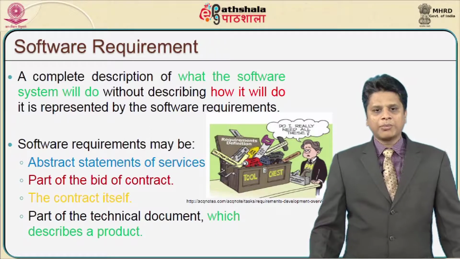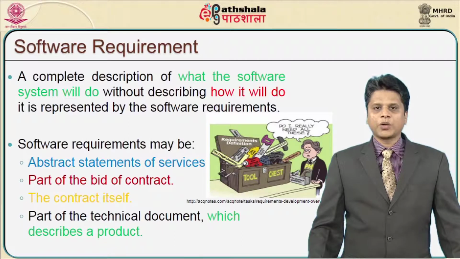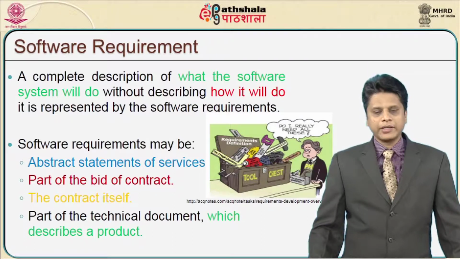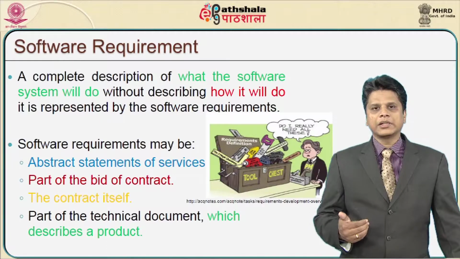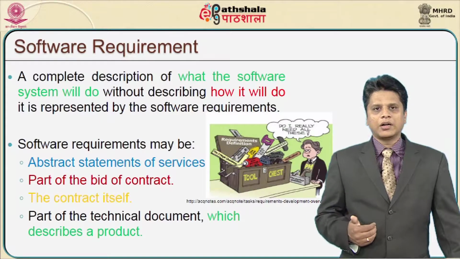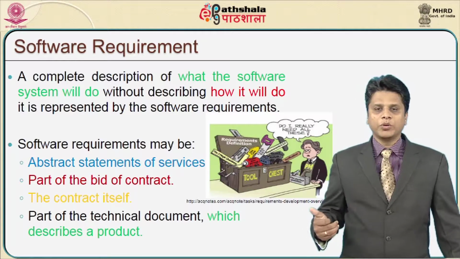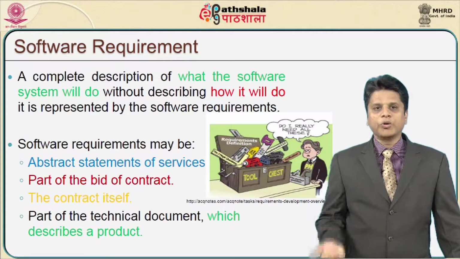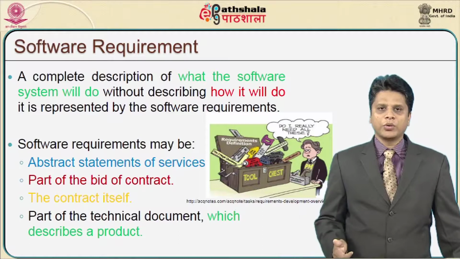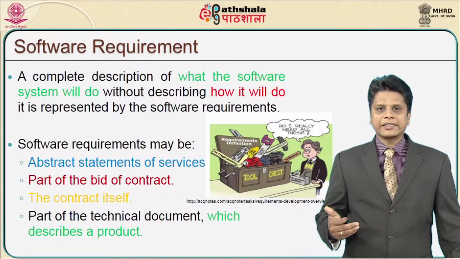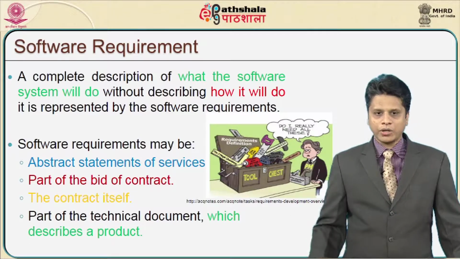The second requirement that a customer would need is part of the bid of contract. So, after collecting the requirements, the developers will work on how many lines of code we may have to write, what the actual blueprint is, and how many people are to be employed for all this work. Based on that estimate, they will come out with a cost model.